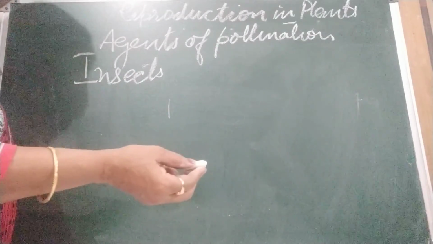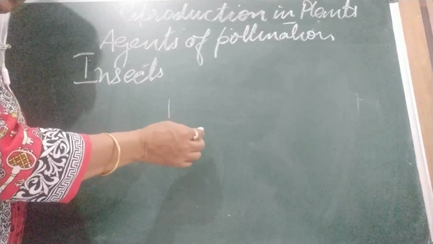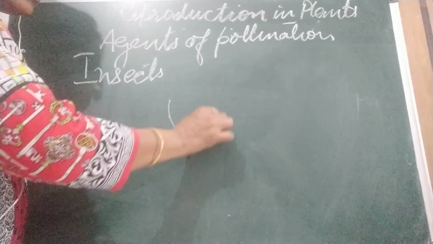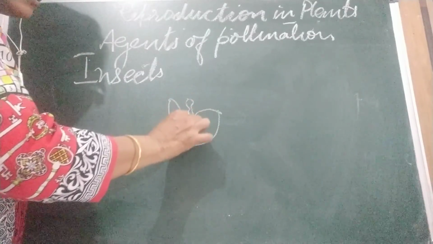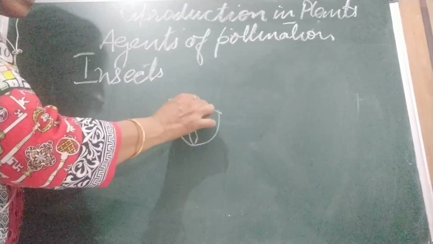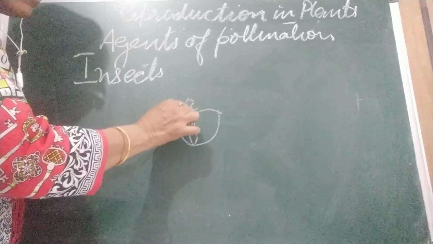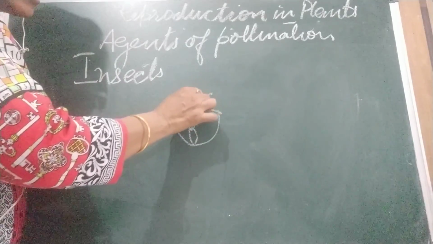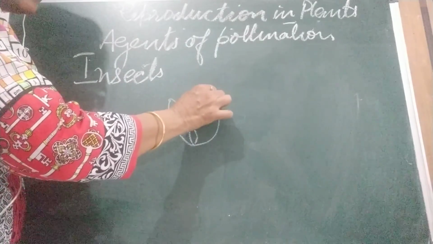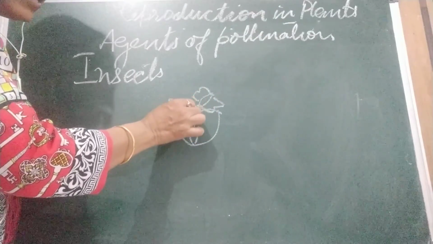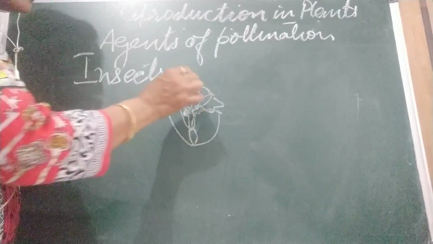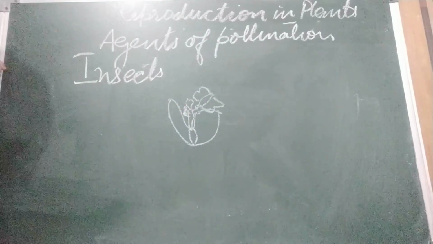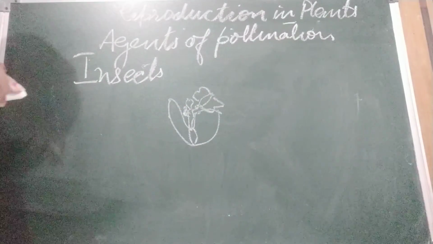Like, I am talking about a butterfly. Suppose this is a flower, with stigma, style, ovary. When the butterfly sits on this, the anther bursts and the pollen grains stick to the body of the butterfly.